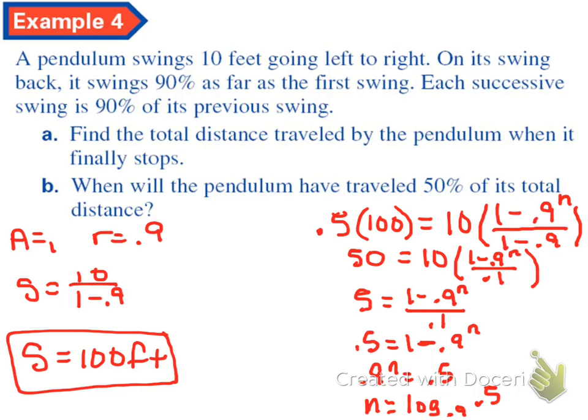You're going to get 6.57888. Okay, so approximately 6.5 swings, or it asked us after which swing, so we could say 6.5 swings or after the 7th swing. The final answer for part B would be after the 7th swing.